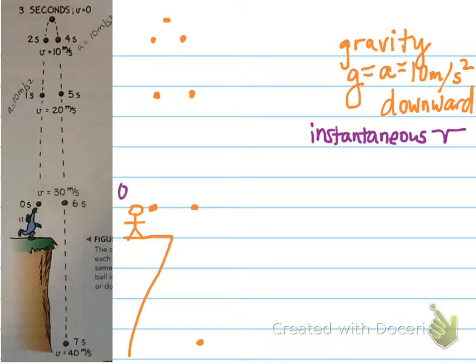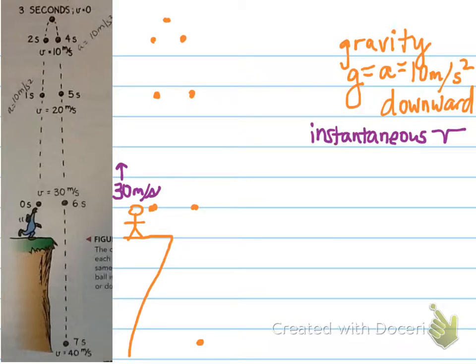In our picture, we're starting with a 30 meter per second throw, because we're throwing it. And it's a velocity, so it's going upward. Now, each picture, each time here, is 1 second.